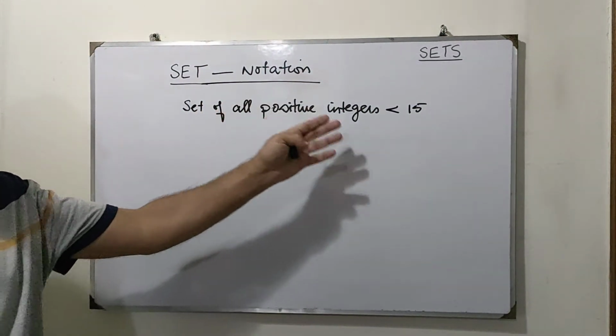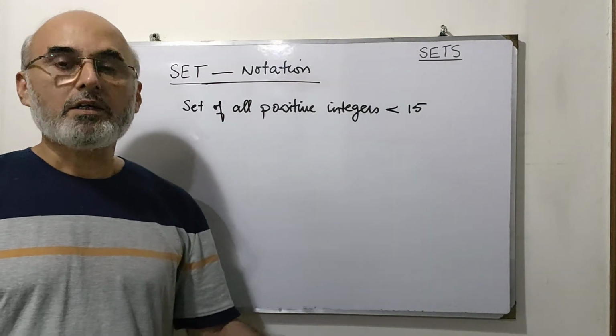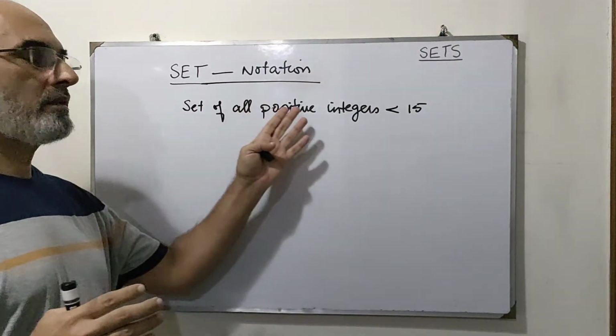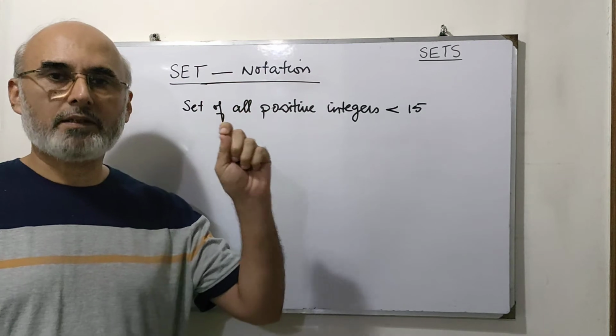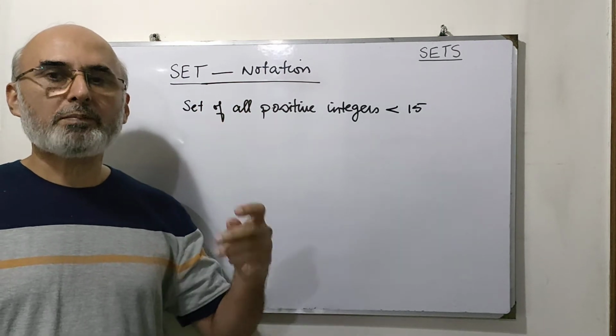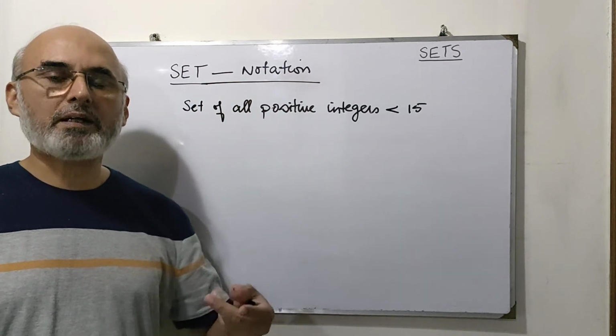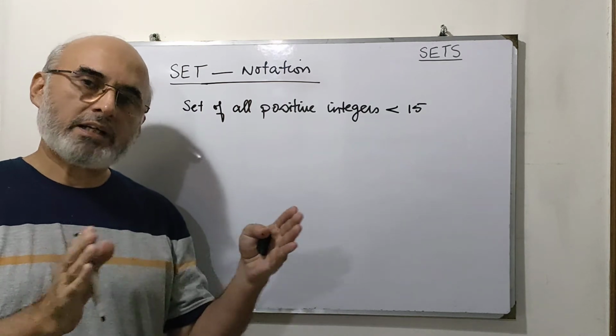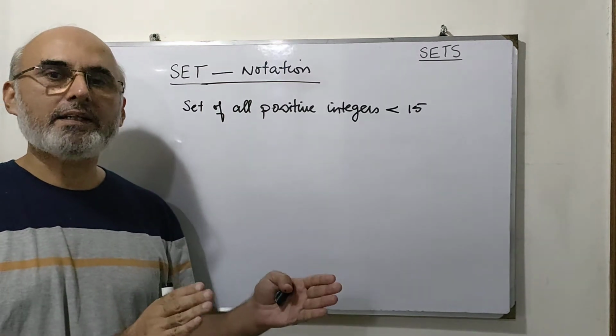Set of all positive integers less than 15. This information is in English, so how do we represent it in a mathematical notation so we can understand what kind of set it is?